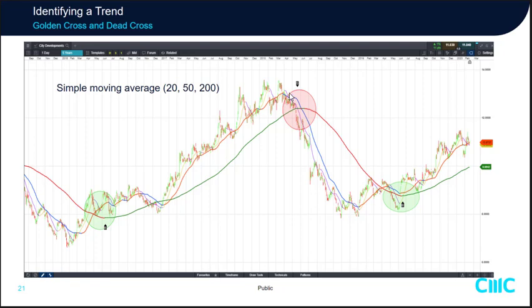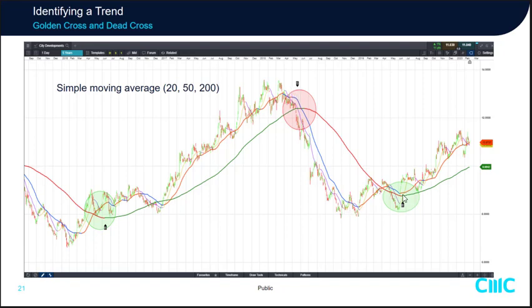This is when the 20-day simple moving average crosses below the 50-day and the 50-day crosses below the 200-day. And finally, we need to see the 200-day moving average start to slope downwards, which is shown here when the color of the trend changes from green to red. So this signals the formation of a dead cross, and then the share price collapsed.